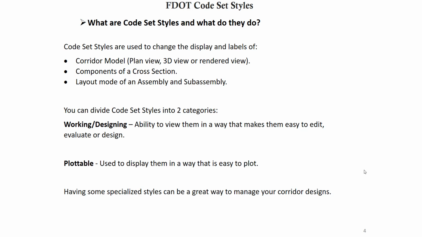And then you have your code set style category that you apply to an object that you want to be plottable. So for example, you have your 3D corridor and you want to get rid of all the frequency lines and the extra data. You just want to show the feature lines that represent your 2D or plan view drawing. Just for plotting, you can assign that particular code set style to it.